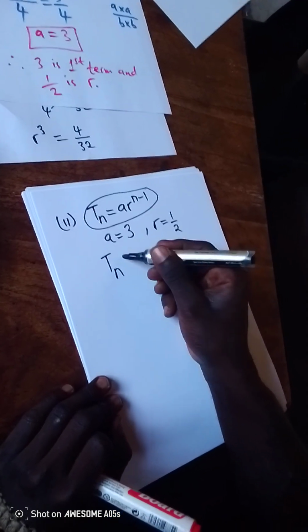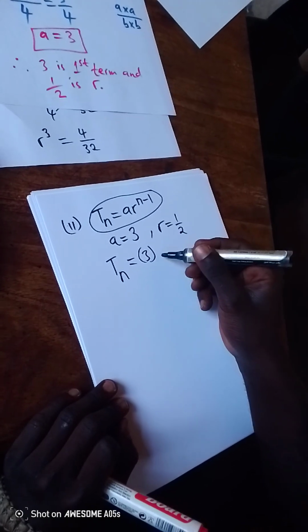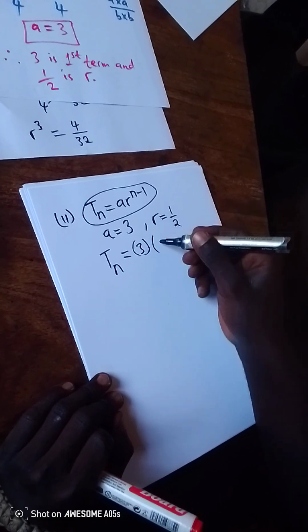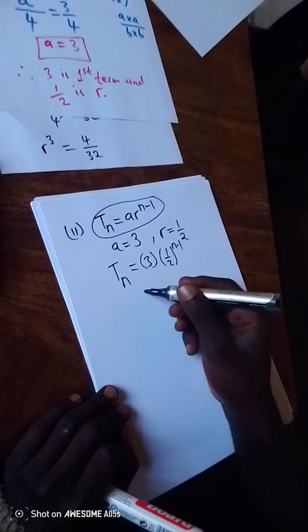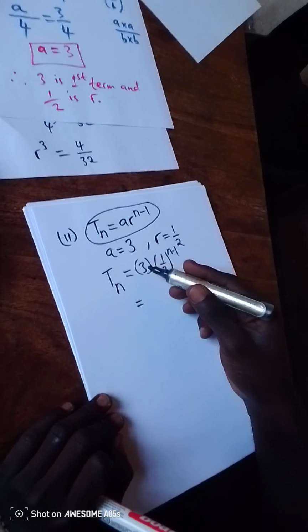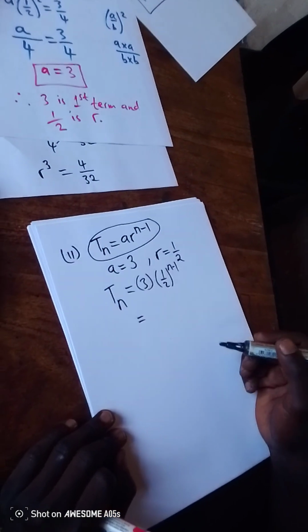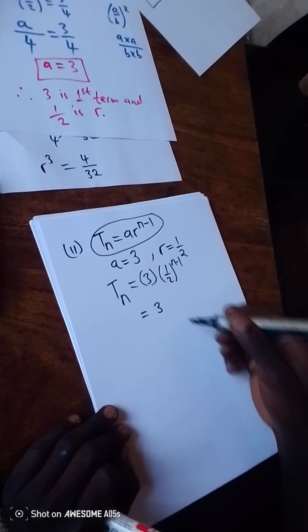So it's tn equals, then we replace a there, and then we also replace r, like that. Then from there, we know that we cannot multiply something that has a power, so these 3 will wait, so it will be like that.